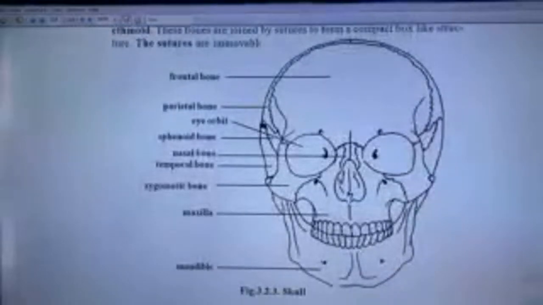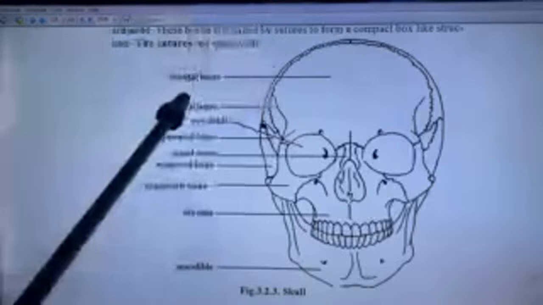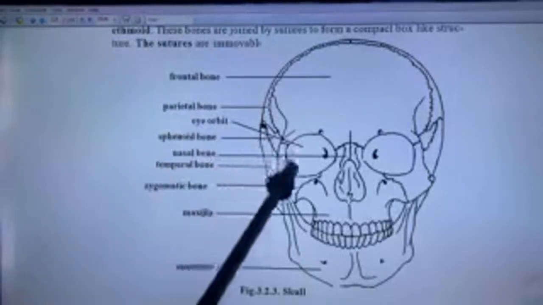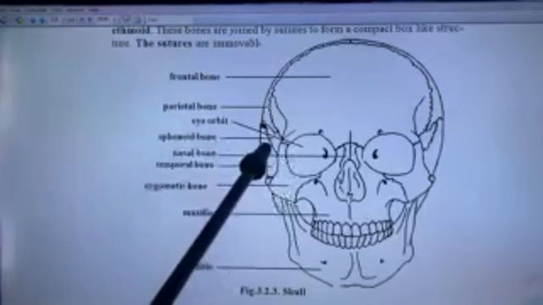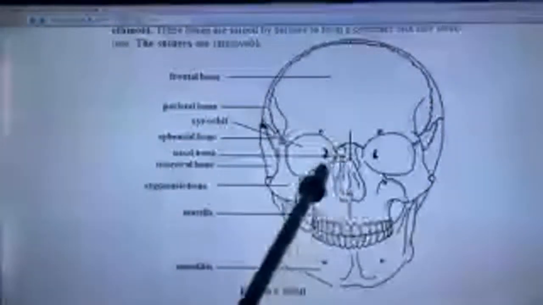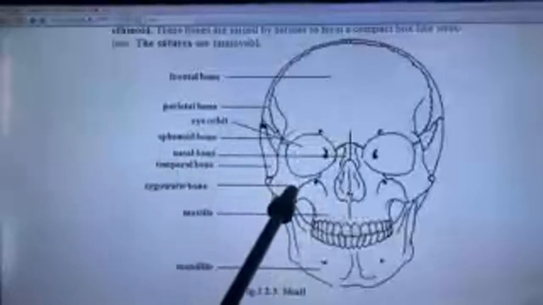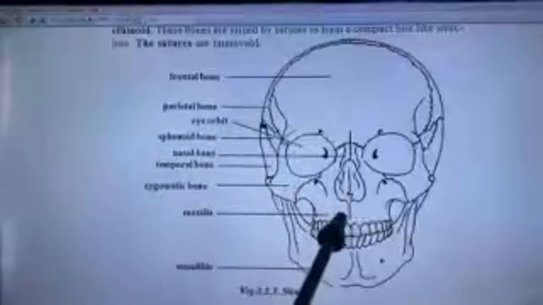This is the skull: frontal bone, parietal bone, eye orbit, sphenoid bone, nasal bone, temporal bone, zygomatic bone, maxilla, mandible.